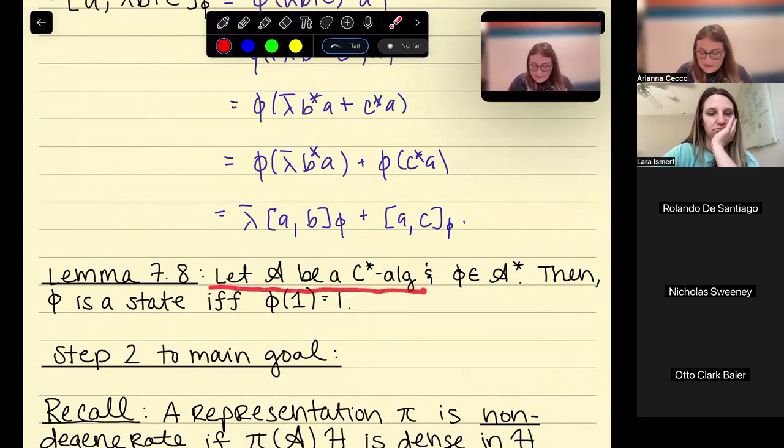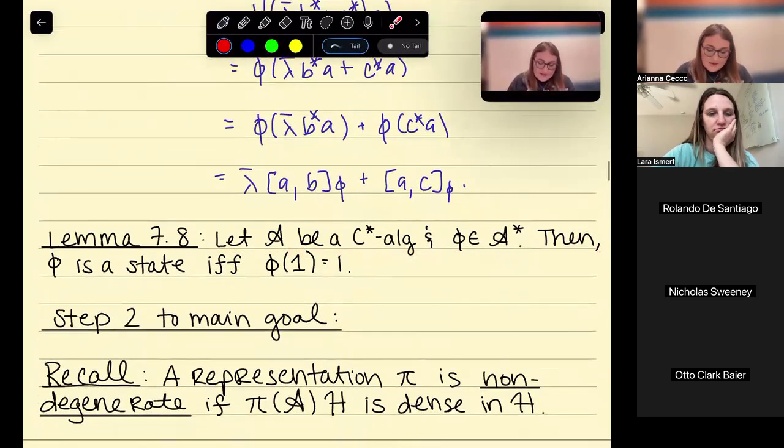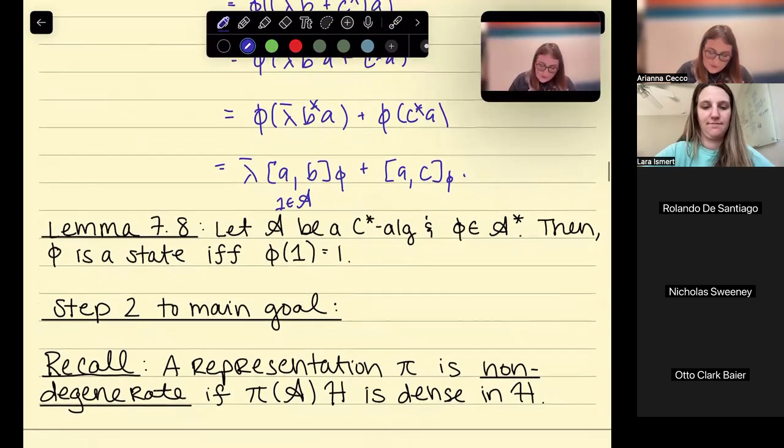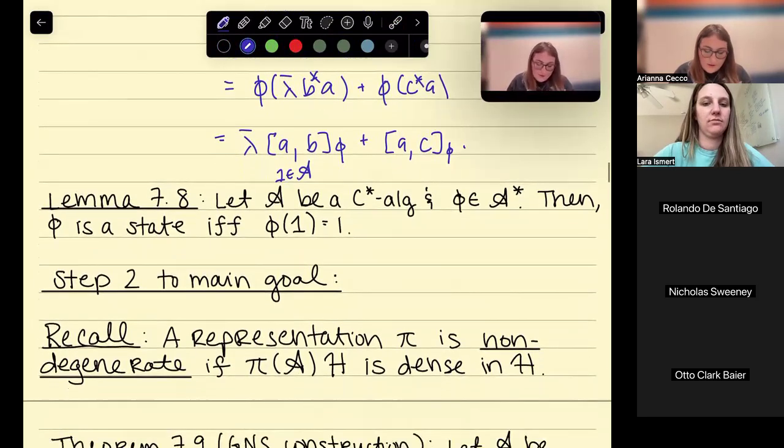It says, let A be a C star algebra and phi be in the dual. Then phi is a state if and only if phi of the unit is 1. So I guess here I am assuming that 1 is in A. So yes, that is a nice result.